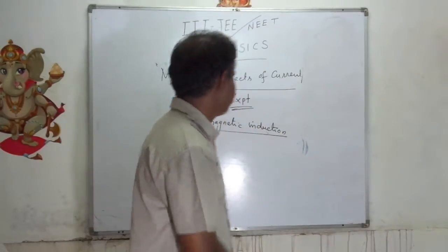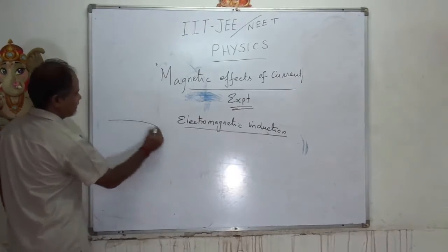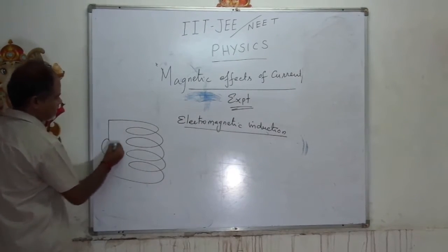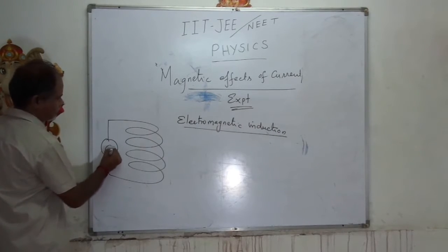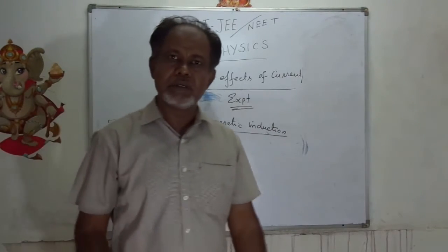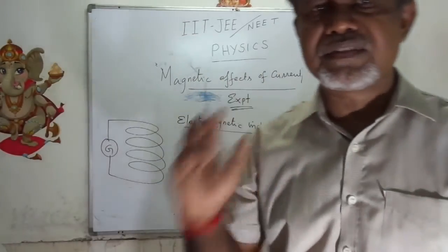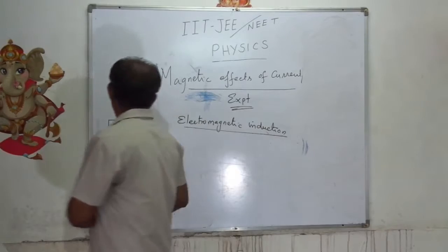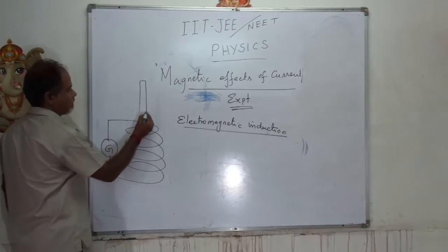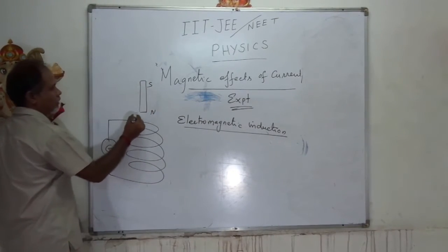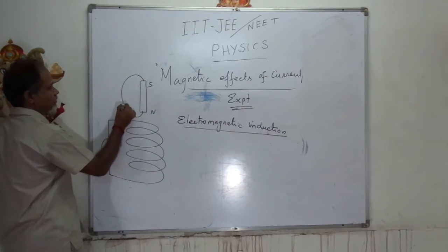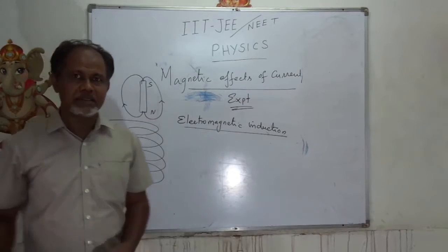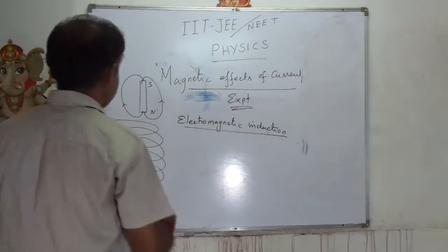Let us consider a wire coil connected to a sensitive galvanometer. The galvanometer is very sensitive, since we are going to measure a small amount of current. There is a magnet with north pole and south pole. Around the magnet there are magnetic lines of force, starting from north and terminating at south.